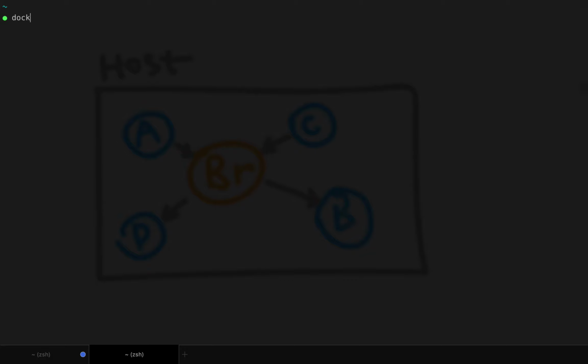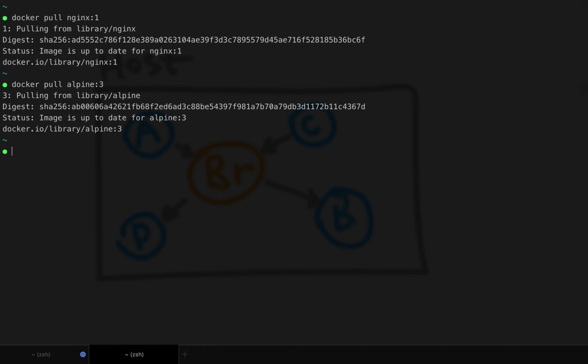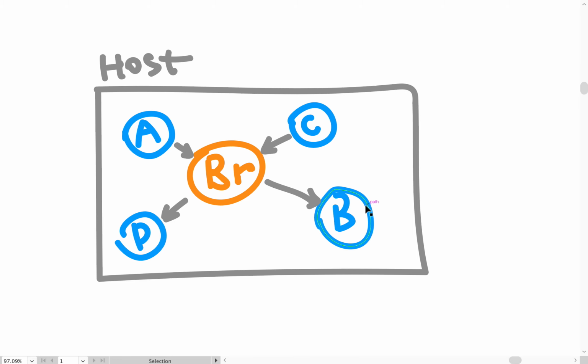Docker pull nginx, let's use the latest version 1. And another docker pull, let's just use a simple one, Alpine. The latest version is 3. And now we got both images downloaded, which could generate two containers, A and B, for us.